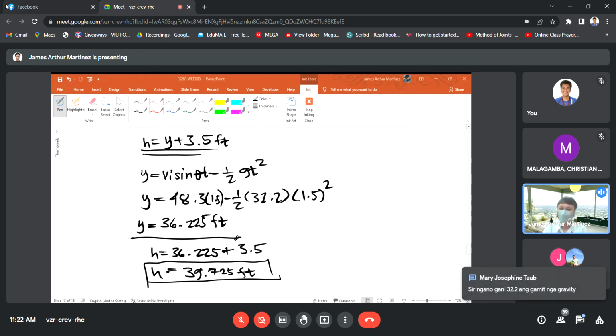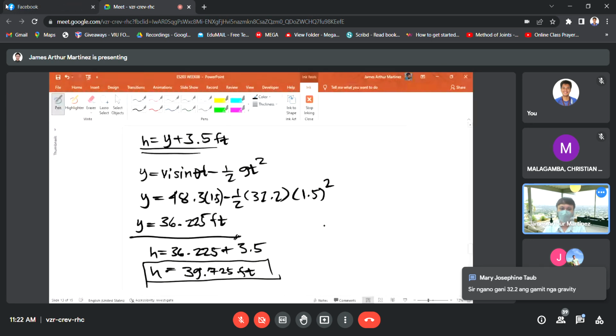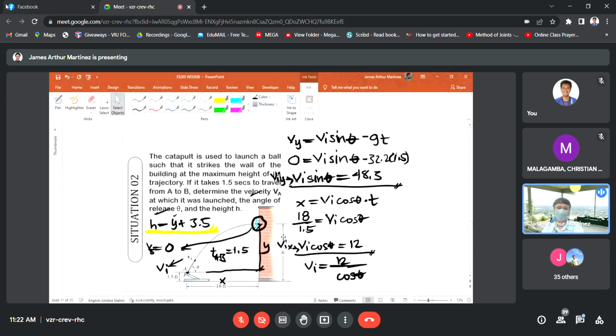Sir, why was 32.2 used for gravity? Okay. Go back to the problem. The problem did not state, or we have no idea, which system of units to use, since seconds were given. But observe that in the given figure, the length is in terms of feet.